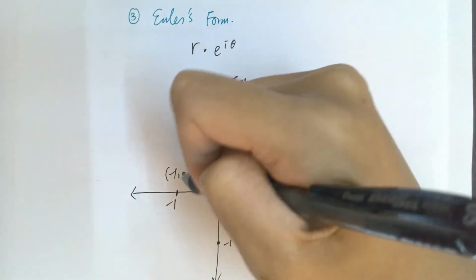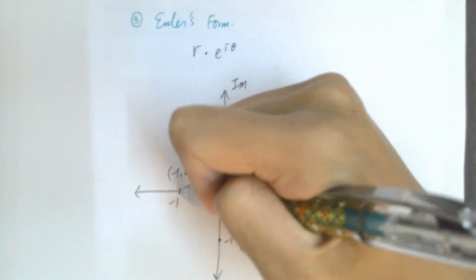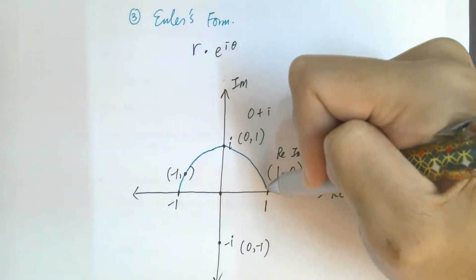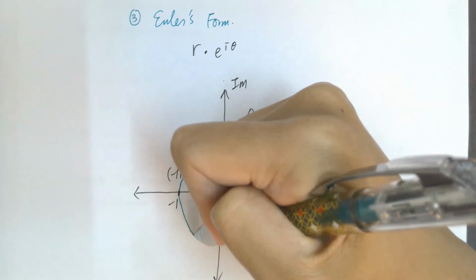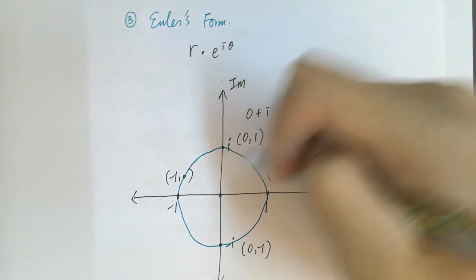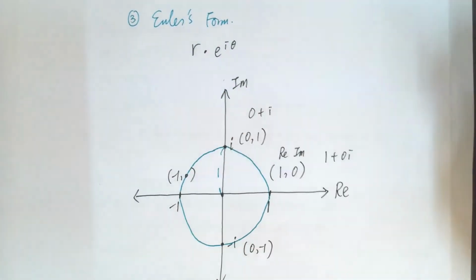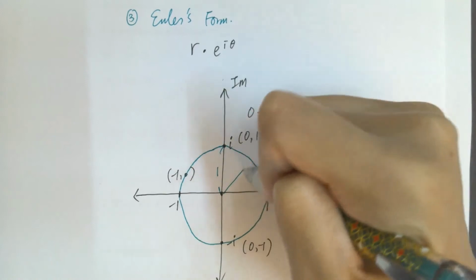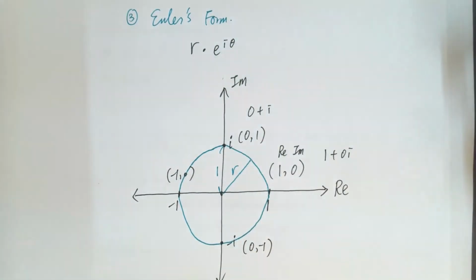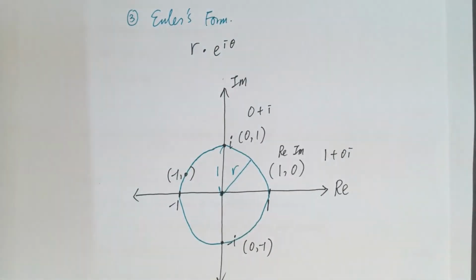We could actually draw a circle of radius 1 around these numbers. The distance is obviously 1, we call this the radius, and it's also 1. So in general, the distance between all of these numbers and the origin is 1.